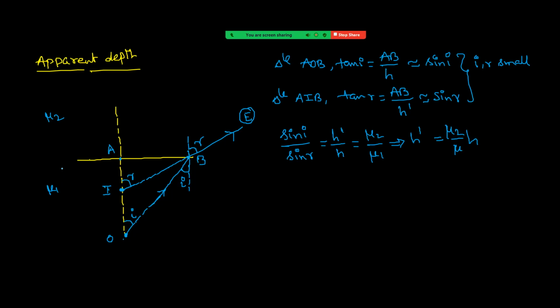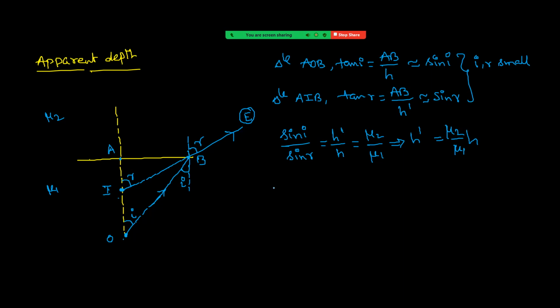If mu1 is greater than mu2, meaning light rays are traveling from a denser medium, then this value will be less than H. That means the object appears closer to the surface. The best example is a fish. Fish is in water and we are seeing from the air medium, so for us, the fish appears to be closer to the surface.